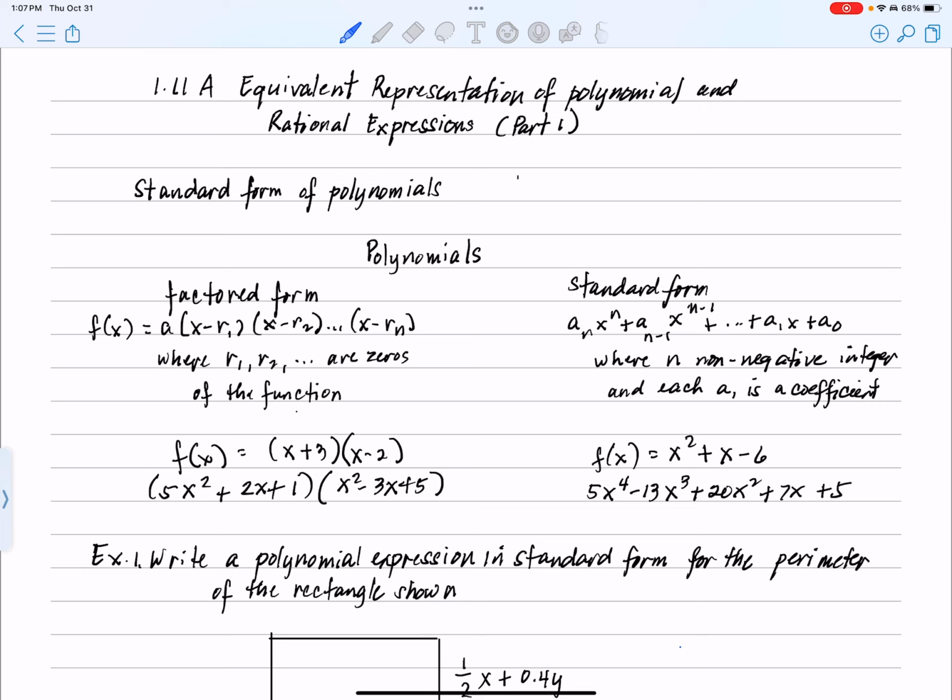Polynomials can be expressed in two primary ways. It can be expressed in factored form and in standard form. Actually, all of these are a review of what you have learned in Algebra 2.